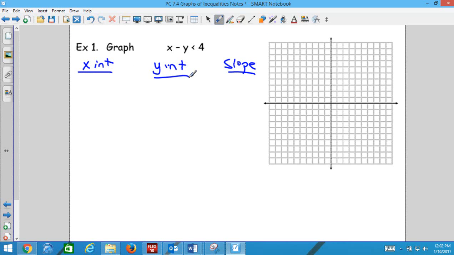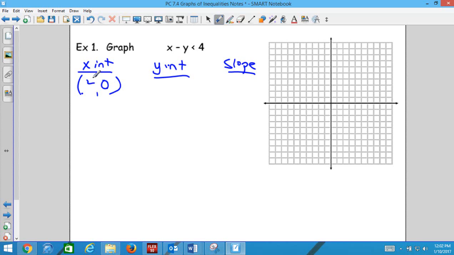So the x-intercept, remember we make y 0, so the ordered pair, something, 0. If I make y 0 in that equation, what's x?